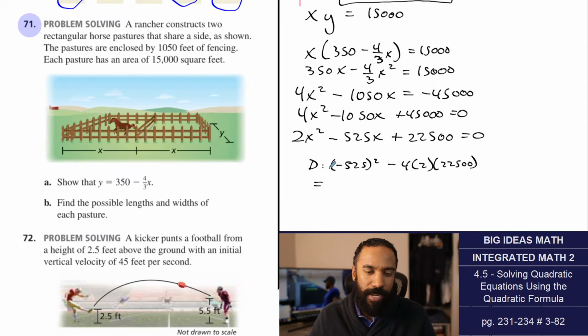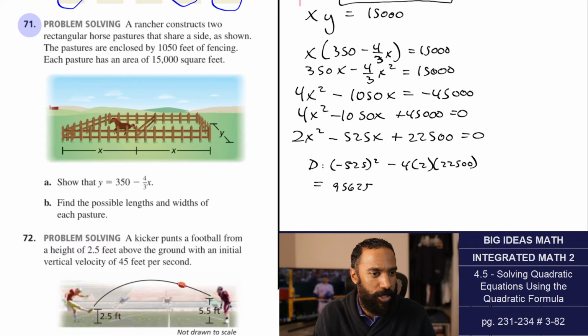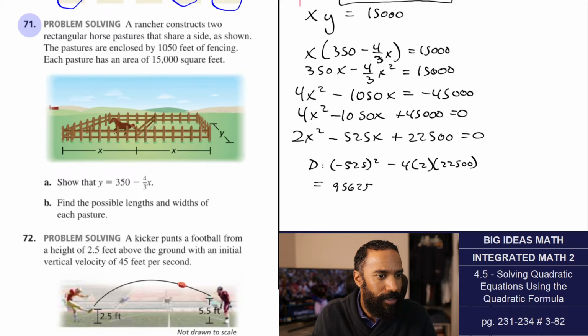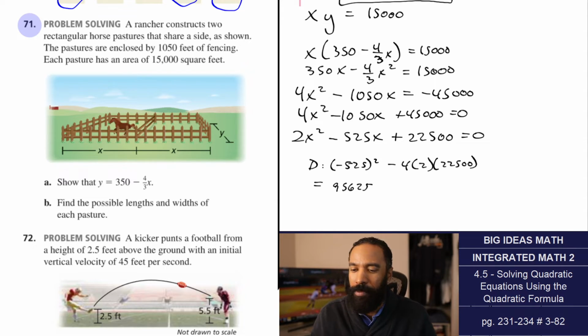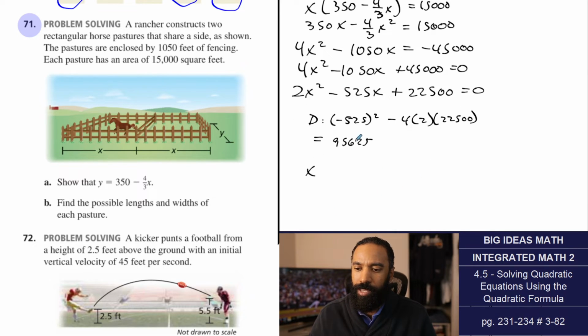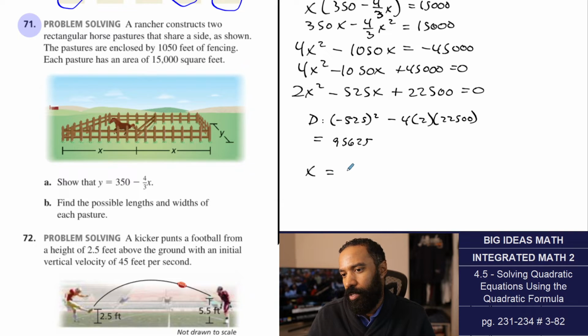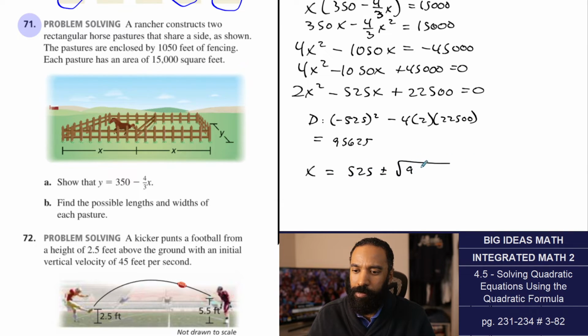So my discriminant's going to be 95625. That smells like a perfect square, is it? No, it's not. Okay, so x equals negative b plus or minus the square root of b squared minus 4ac. I only hope I have the correct numbers, all divided by 2a.